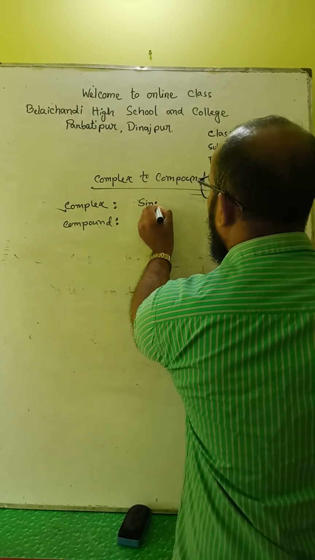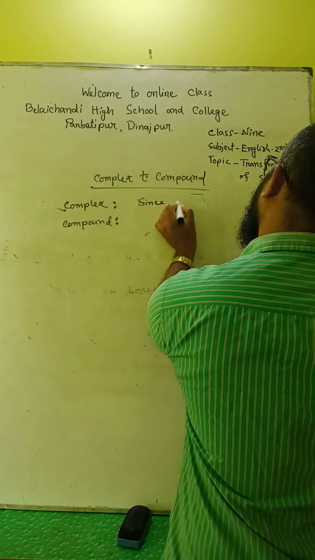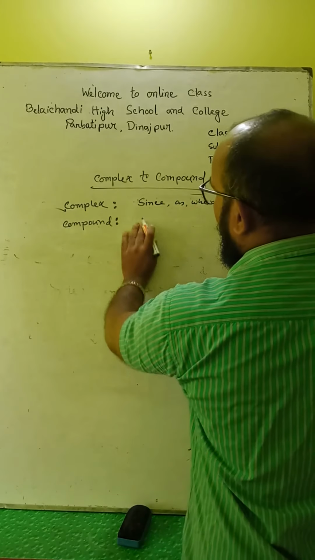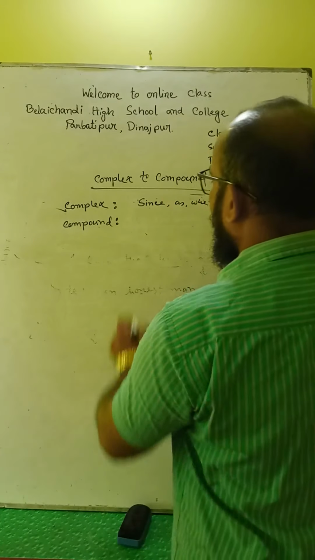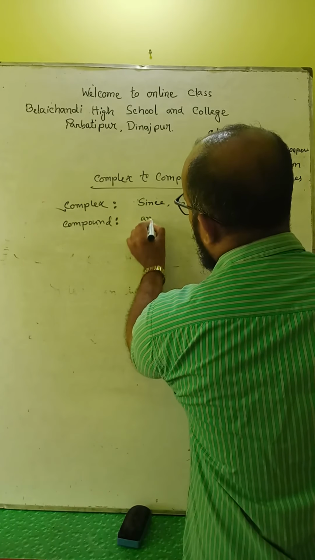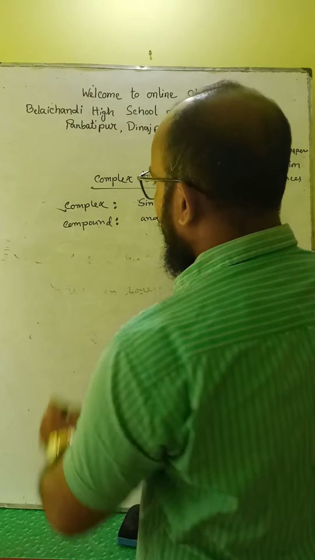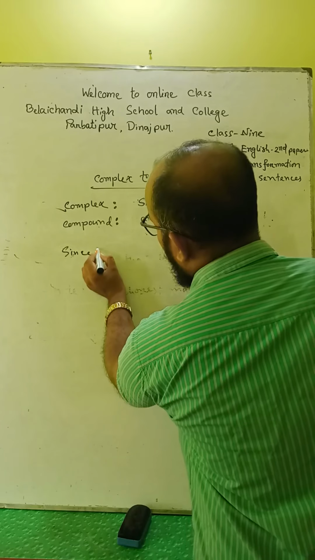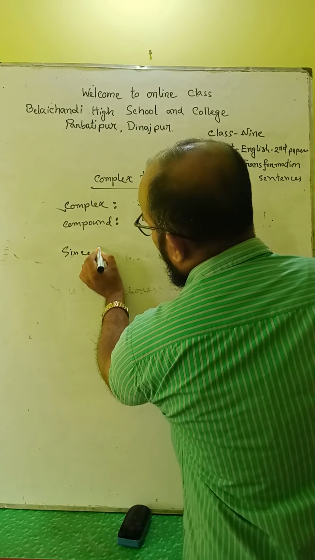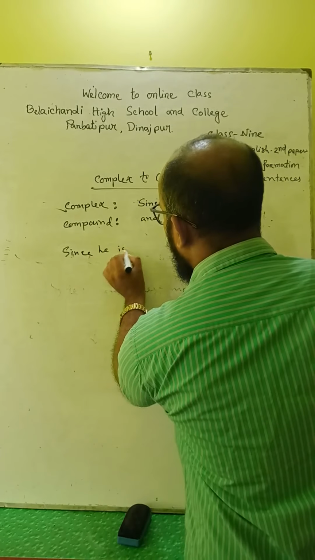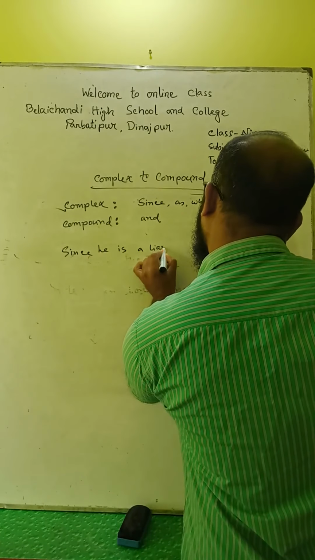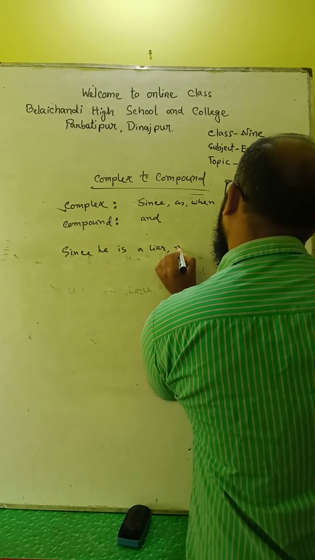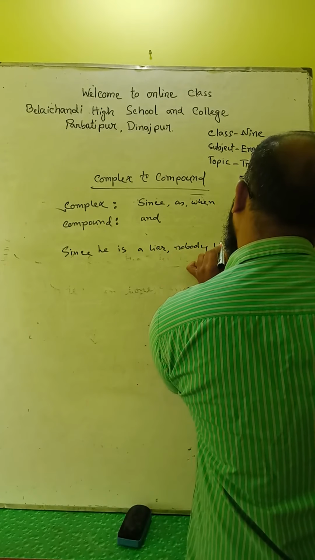When in a complex sentence since, as, when are used, we have to use and as a connector. Since he is a liar, nobody likes him.